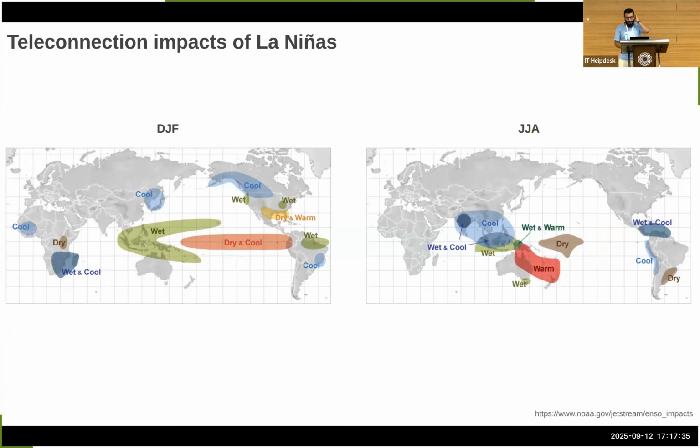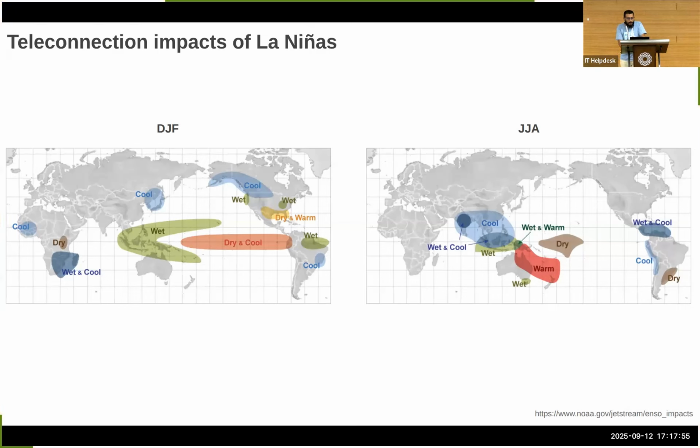There's some asymmetry involved. But as a general rule of thumb, places which tend to have extremely dry weather conditions during an El Nino will tend to have extremely wet weather conditions for a La Nina, and the other way around, right?